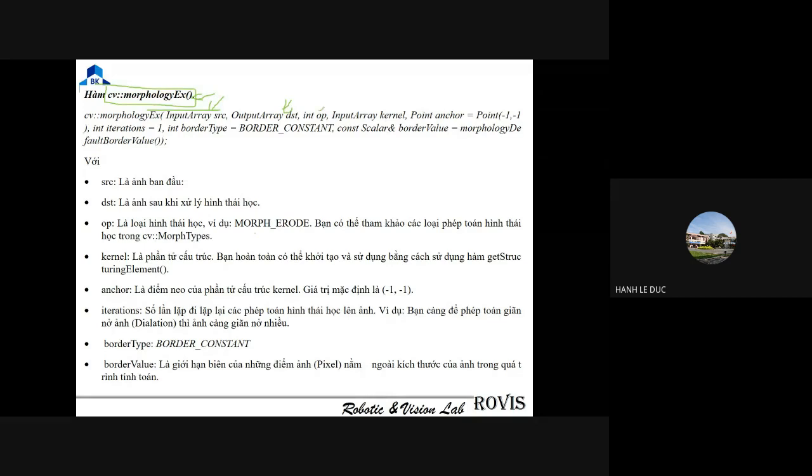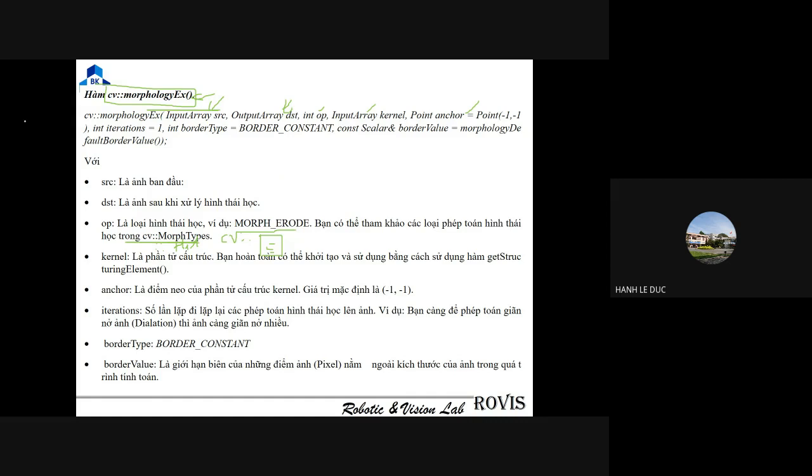The option you can choose is the hit and miss, so you write cv dot and then you have the list here, and you choose hit and miss. Then this is the kernel, which you have to define, and this is the anchor point, and we make the default anchor point at the center.